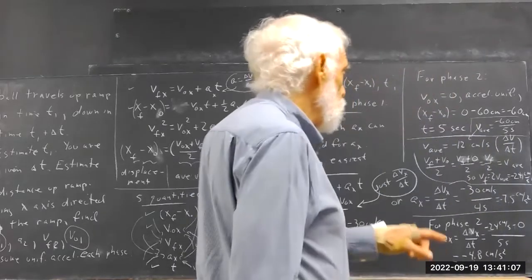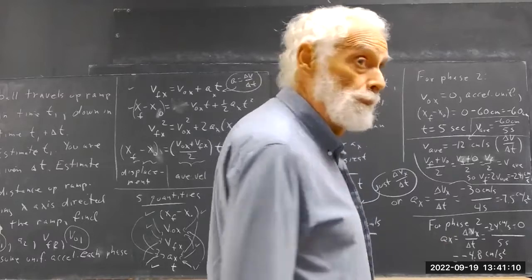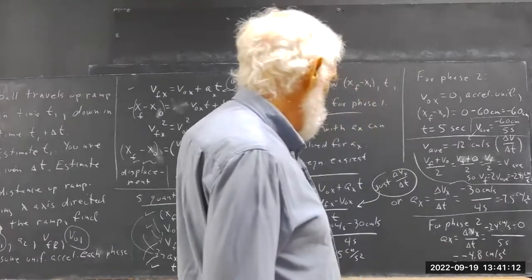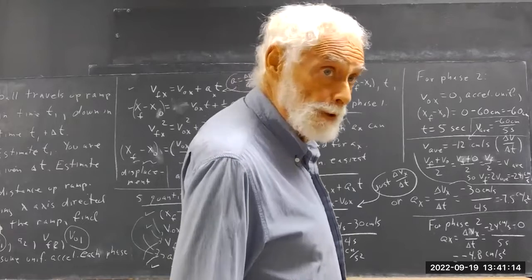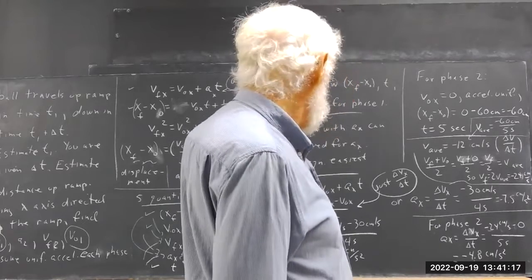And you get negative 4.8 centimeters per second squared, as opposed to negative 7.5 centimeters per second squared. You got phase one.